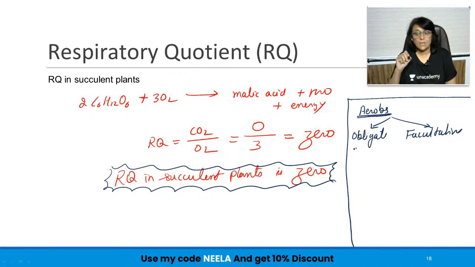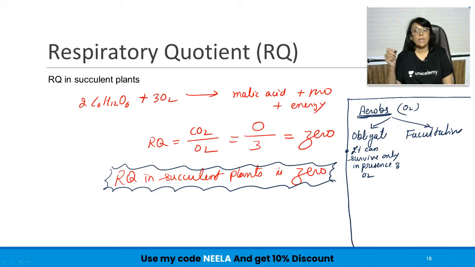Obligate means, and we are talking of aerobe, that means we are talking of oxygen requirement. So if you use the word obligate, that means these microbes or organisms can survive only in presence of oxygen.